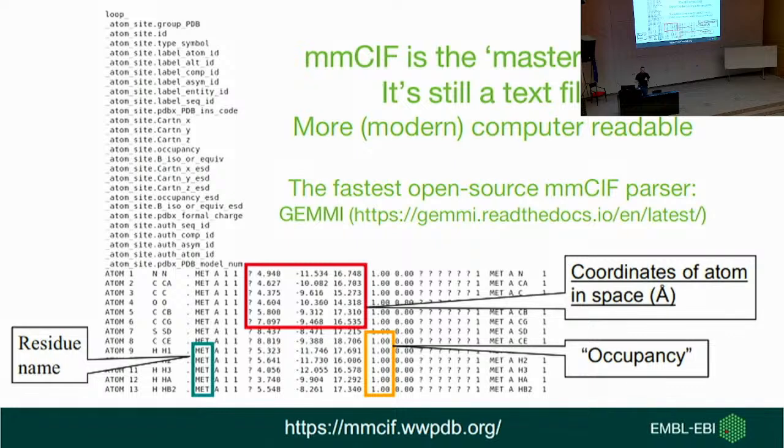It's still a text file, so it's still relatively readable, but it's extendable towards all possibilities, and you can add new things into it. For instance, currently we are developing a way to encode also channel information or tunnel information into the mmCIF file.